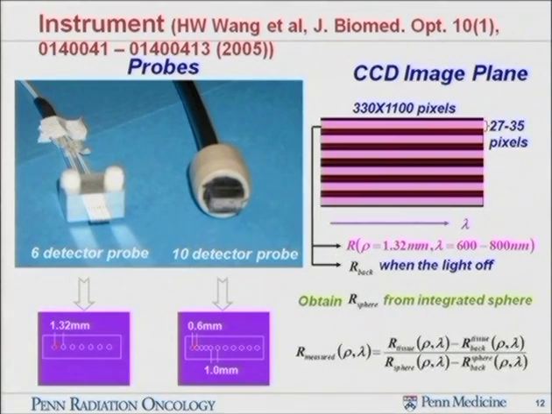You can also determine diffuse reflectance based on a pre-integrating sphere calibration, and that calibration is necessary because each probe will have different transmissions. So one has to calibrate it in the integrating sphere to make sure you have the same light coming into the probe and account for the different transmission from different probes.